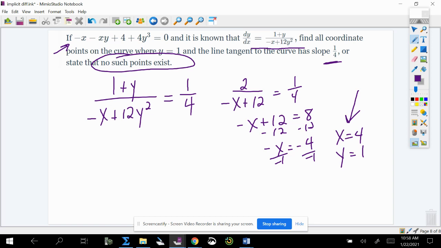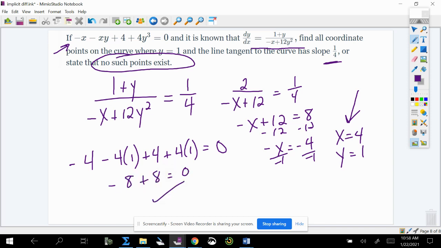So if I put (4, 1) in, I get negative 4 minus 4 times 1 plus 4 plus 4 times 1 cubed, which is just 1, equals 0. So let's see, I get negative 8 plus 8 equals 0. It checks out. So my coordinate point, in this case, is (4, 1).